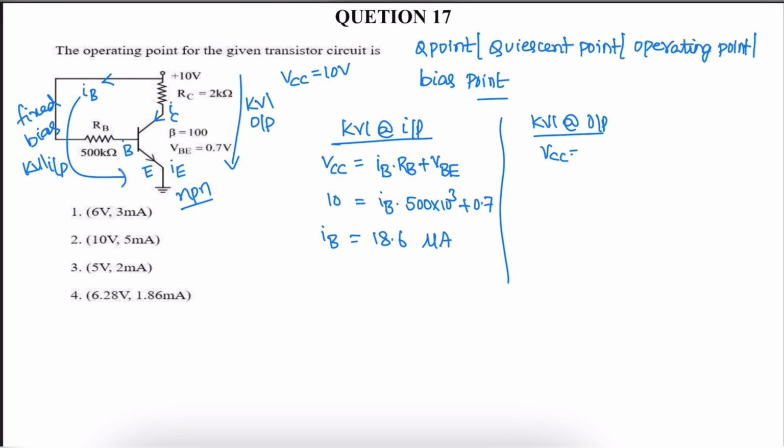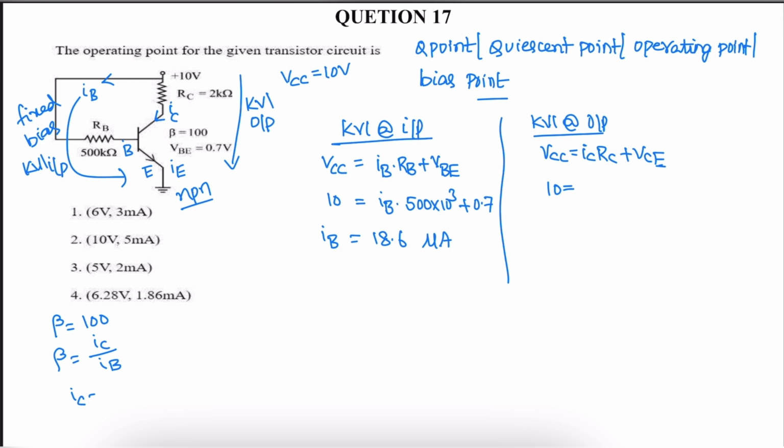VCC is equal to IC RC plus VCE. So 10. Given beta, the gain of the transistor, is 100. In common emitter configuration, gain beta is the ratio of output current to input current. Output current is IC, input current is IB.